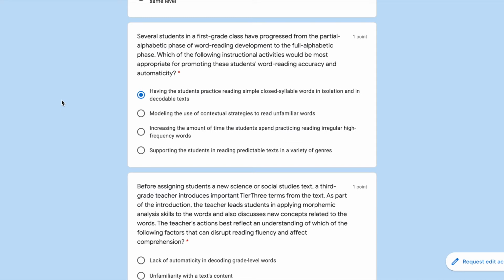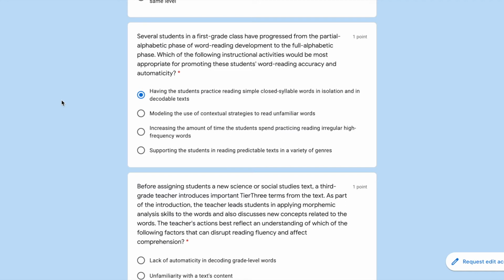Students advance to the full alphabetic phase when they can form complete connections between graphemes and phonemes. Students at this stage sound out closed syllable words into individual sounds by using their phonemic segmentation and blending skills and their growing knowledge of phonics. Now, at first, students will sound out and blend each letter sound in a word. However, when they are given opportunities to sound out words multiple times, they can accumulate words they have decoded and begin to recognize them automatically. That's what we want.